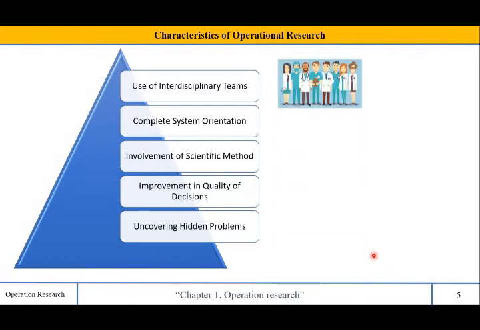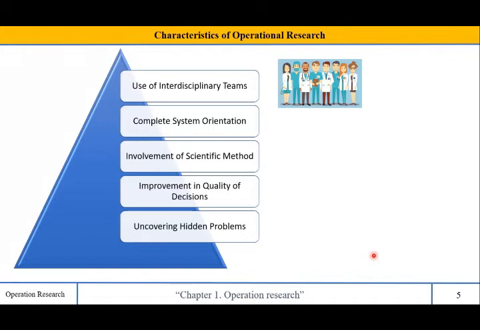Let's talk about the first one, use of an interdisciplinary team. As we see in World War II, the team was constructed of different parts. There were two mathematicians, two physicists, one surveyor, one military man, one army officer.